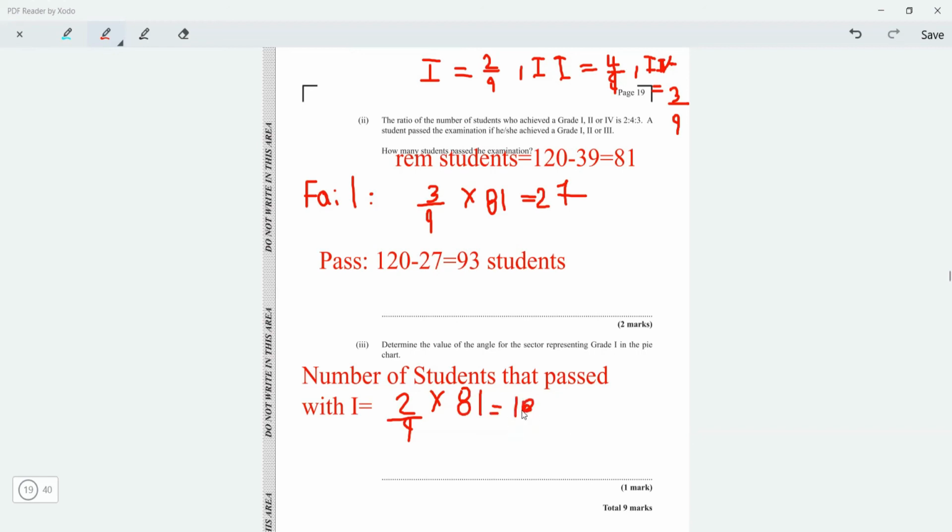If 18 students pass with a grade 1, then the angle of the sector, I'm going to write sector angle. The sector angle is going to be how many students pass divided by the total number of students multiplied by 360 degrees.